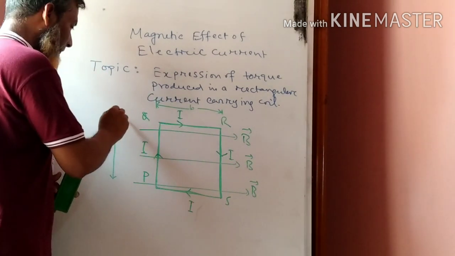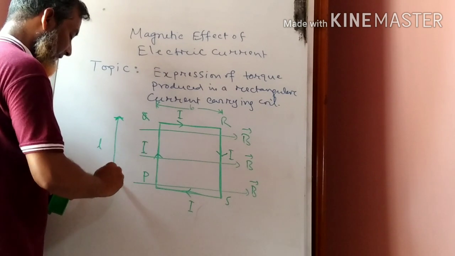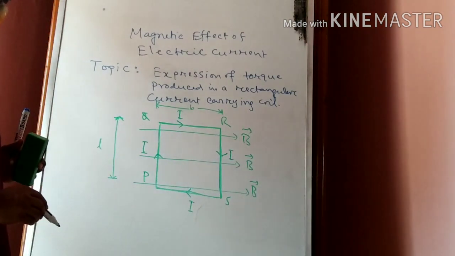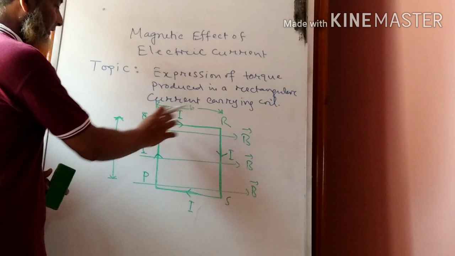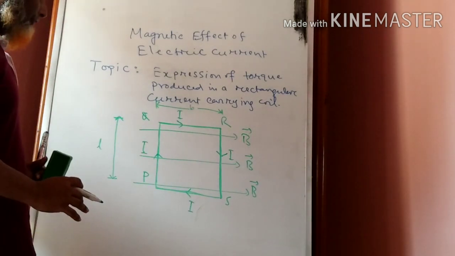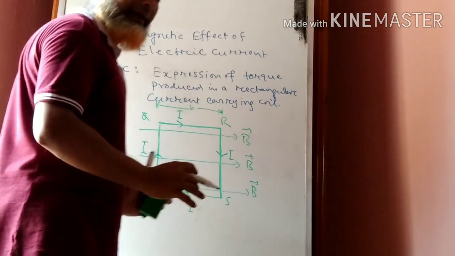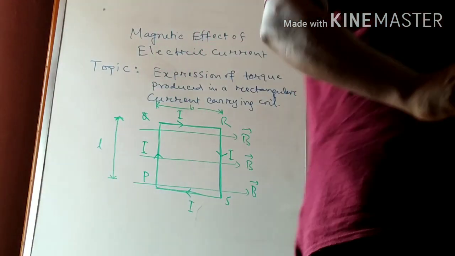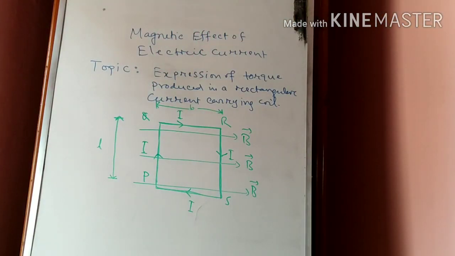So you understand the points? I think you understand the points. So we will find how much force is exerted on each side, and we'll see what is the total force exerted on the coil. Okay, so please everybody draw the diagram first.